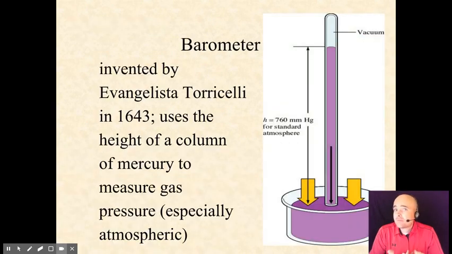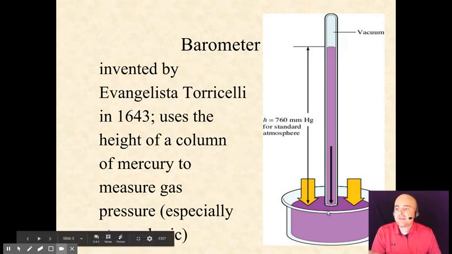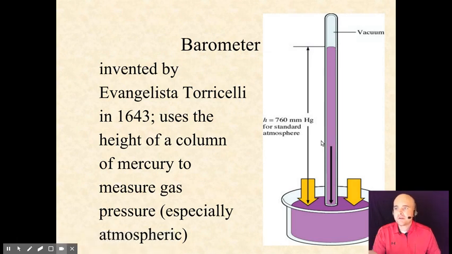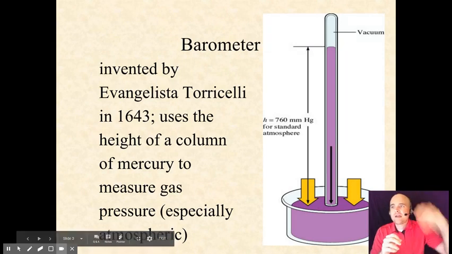The way we measure pressure in real life is by using a barometer. I've got one in my classroom, and it was developed by an Italian guy named Evangelista Torricelli. The story is that he was experimenting with some mercury in a tube, and he would pull a vacuum in this tube and leave it sitting down here.